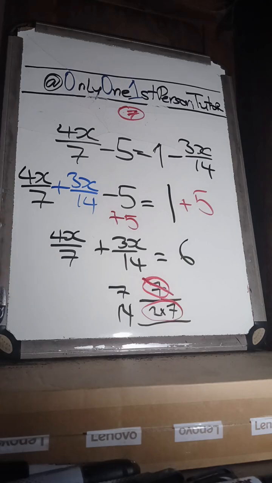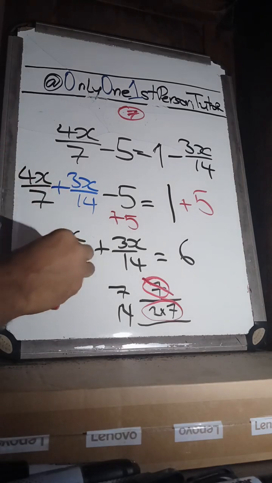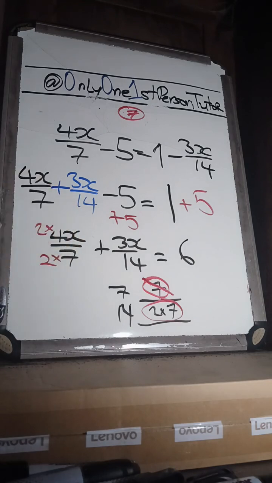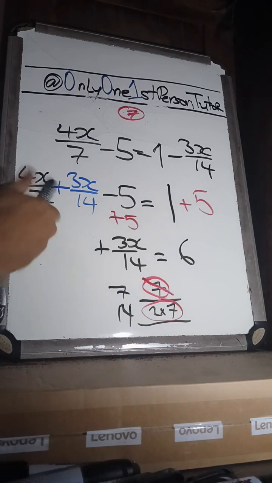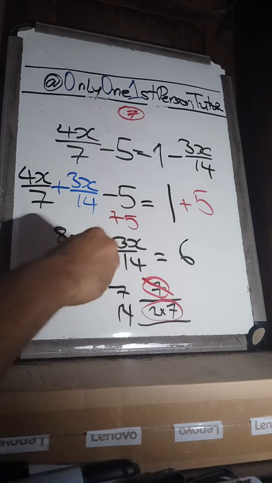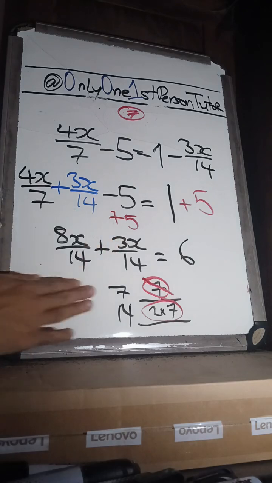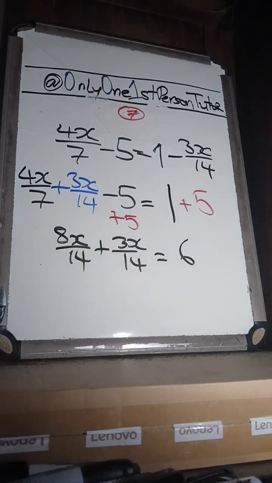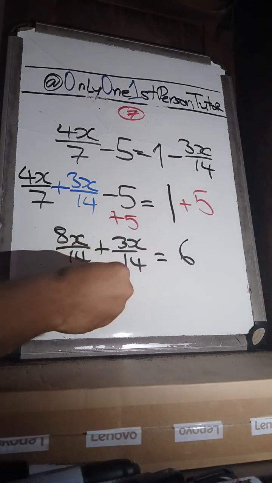Multiply this and this by 2. So you'll have 8x over 14. Add numerators, you have 11x over 14.